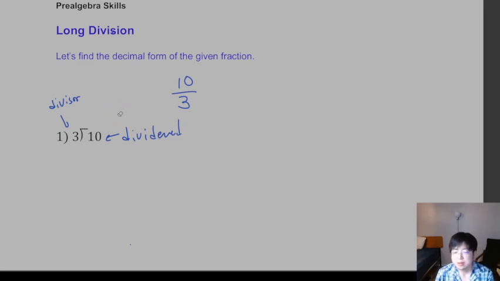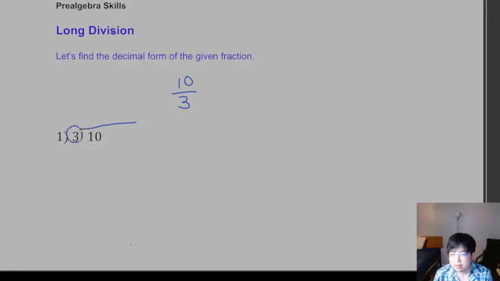Okay? So for this fraction 10 over 3, I want to know how it will look in decimal form. To find out, I'm going to use long division. So first of all, this 3 cannot go into the tens digit here, because even if you put the smallest tens digit number, for example 1, we multiply that number by this divisor.